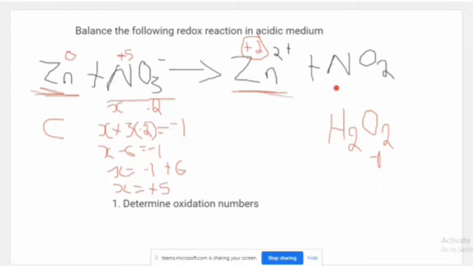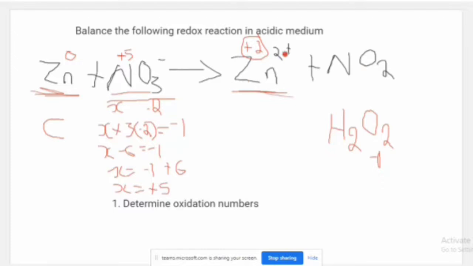So we can go to the product side. This compound also has NO2 here, which is nitrogen dioxide. The zinc charge still remains. For this we have this zinc ion here.